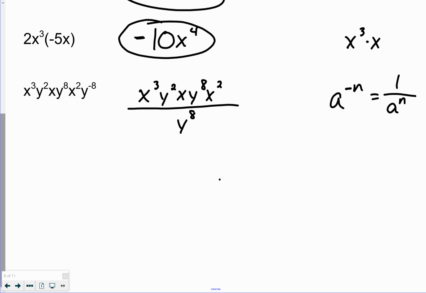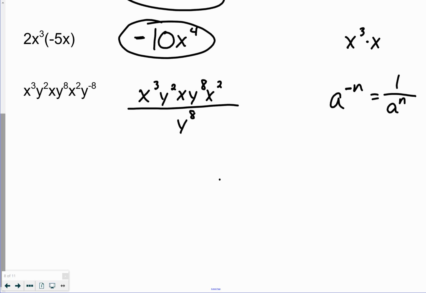Now, I get asked this a lot, so I want to make sure to let you know. If it's in the denominator and it's negative, where should it move? To the numerator. So always move across the fraction bar. Okay? Now, when I look at this, there's something jumping out at me. There's a lot of x's, actually, right?